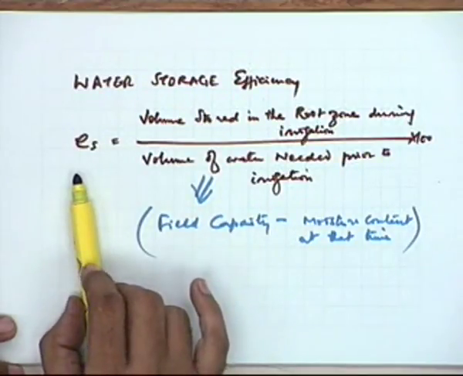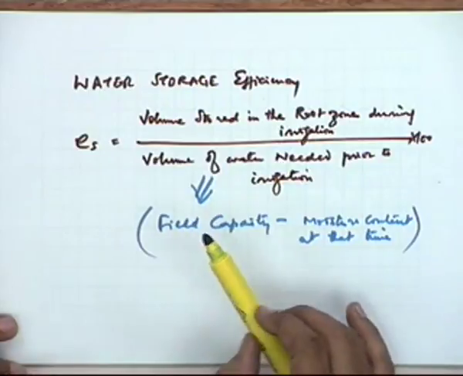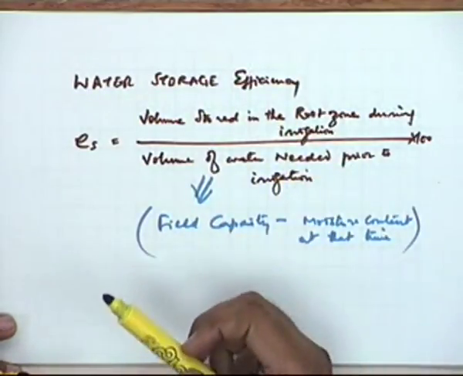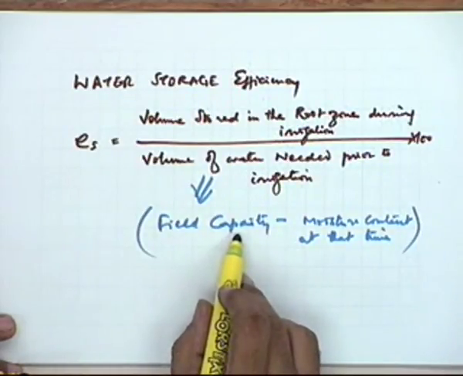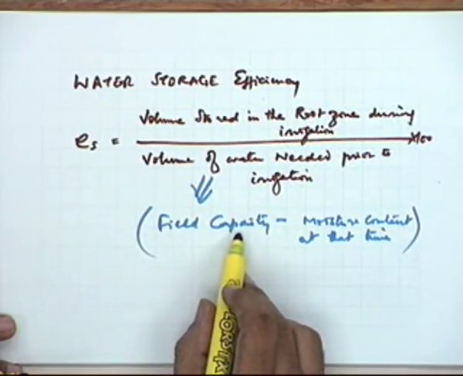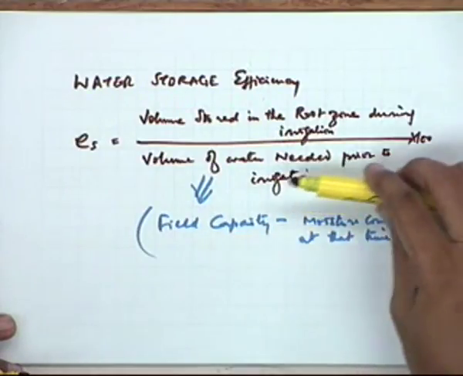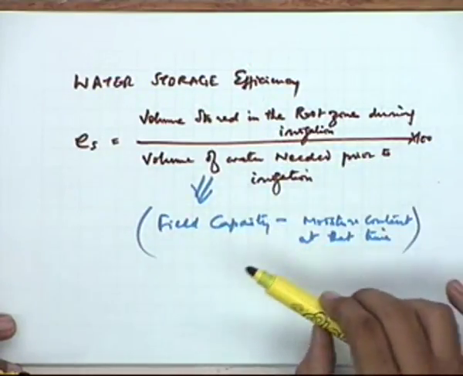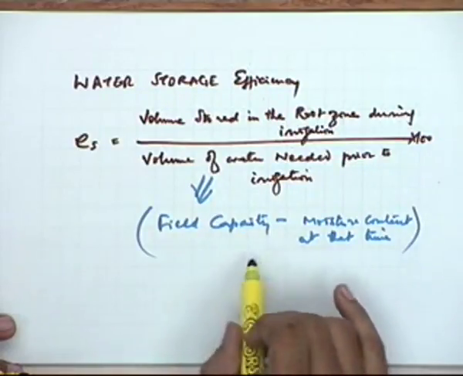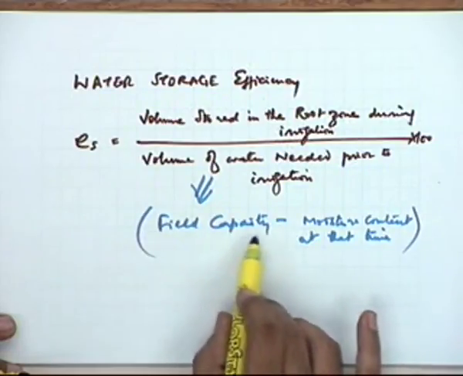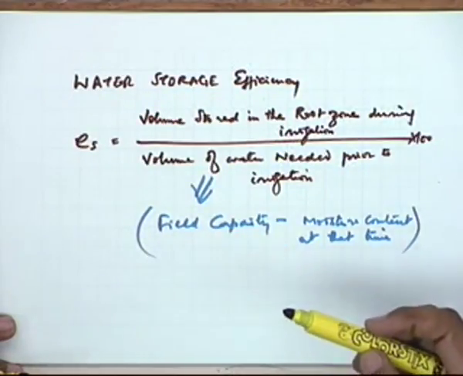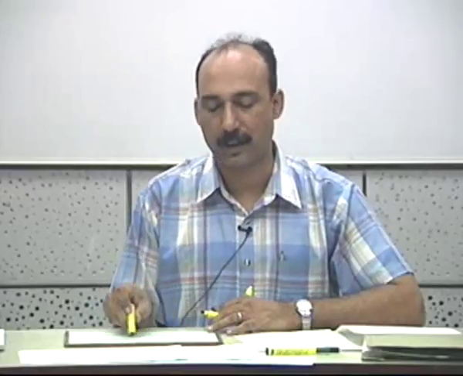Now it can also be said that there is something which is dependent on the management. You might not be willing to bring the level to the field capacity level all the time. You might be intentionally reducing the moisture deficit only up to a particular level, and not intentionally bringing the moisture content to the field capacity level. In that situation, the water storage efficiency is not reflecting what you want to get.